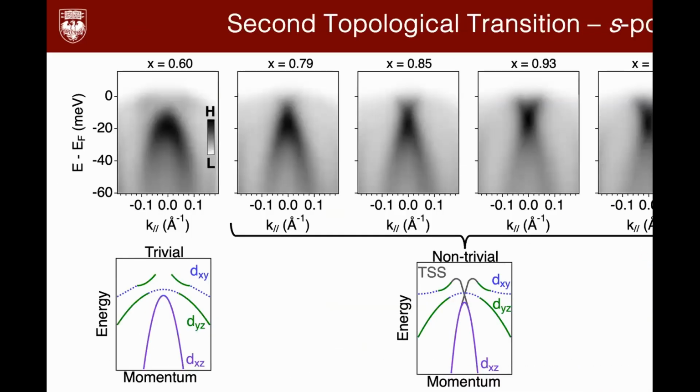Around 50-50 is where it has been most commonly studied, so I have to make a clarification. The topological transition for the thin film sample happens around 0.7. It's actually not 50-50. There's a shift compared to the bulk. That's also due to the strain, because you actually change the effective tellurium angle.